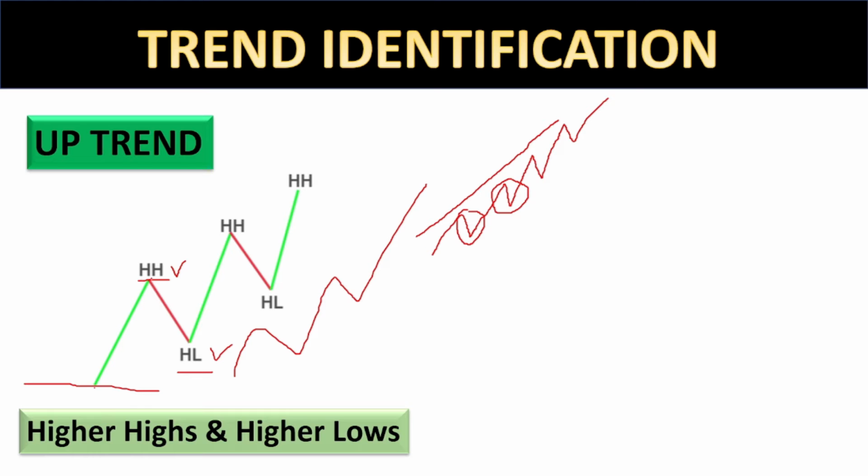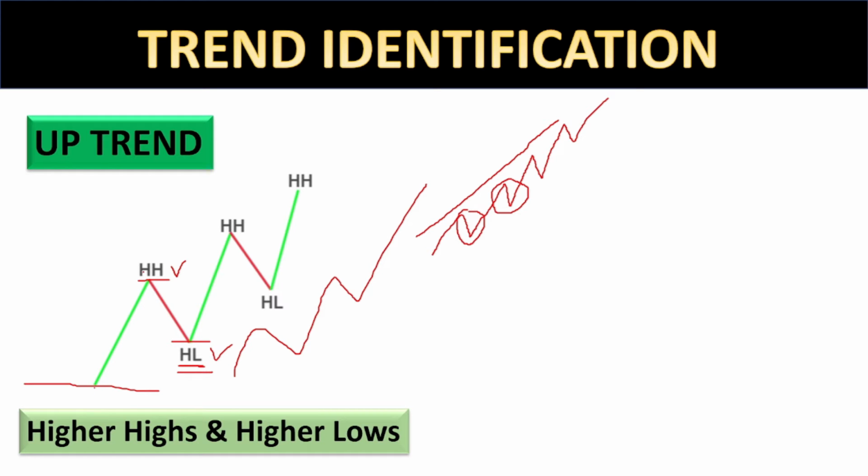The first highest point we record is the highest high. After the market reaches this point, it starts falling slightly, and at some point it takes support and bounces back. This point is considered a higher low.